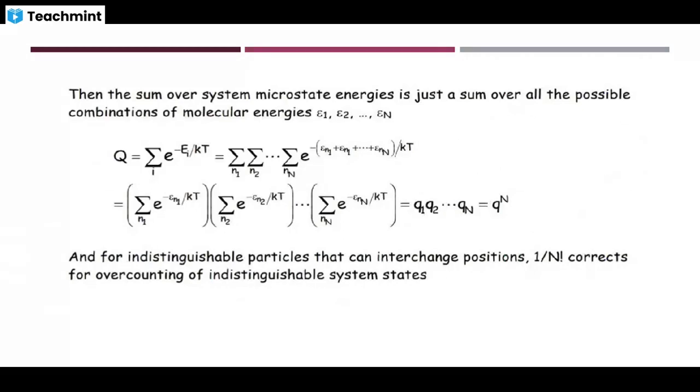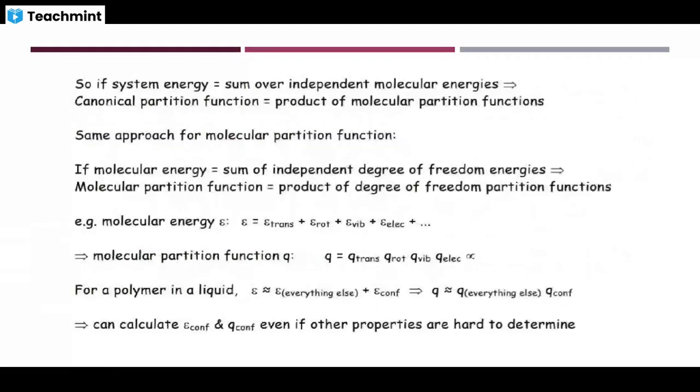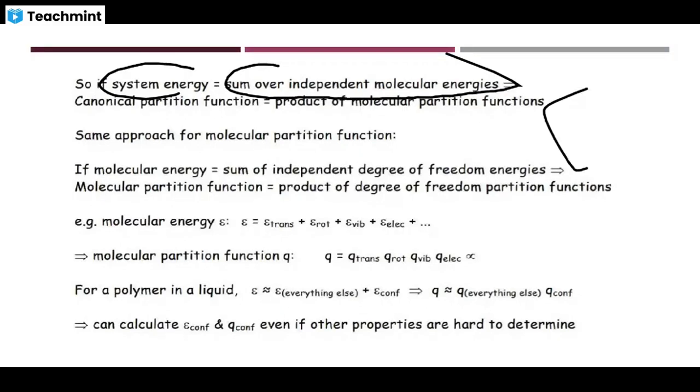If the system energy equals the sum of independent molecular energies, the canonical partition function equals the product of molecular partition functions. If you take a system, it has molecules 1, 2, 3, 4, 5 like that.